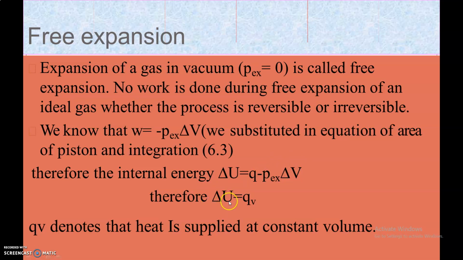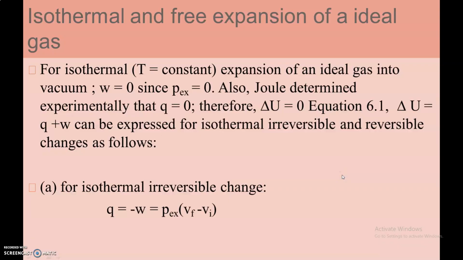So therefore delta U is equal to QV. QV denotes that heat is supplied at a constant volume. So only heat is supplied for the internal energy. So in free expansion, only heat supply will occur. No work done. Such cases are known as free expansion.